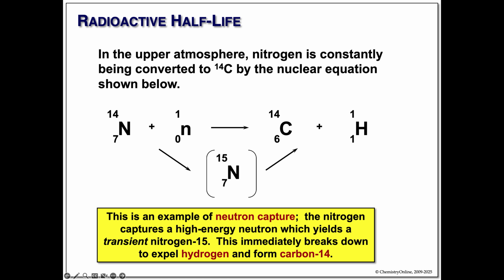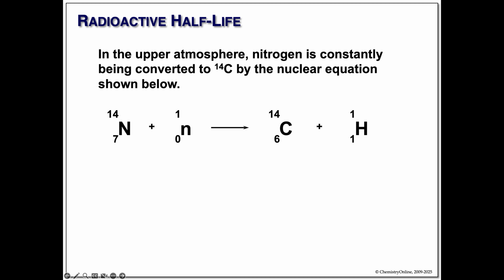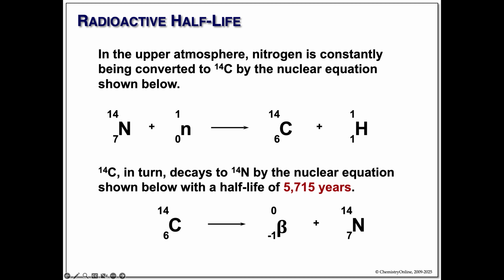Carbon-14, we saw, had a half-life of roughly 5,700 years. That makes it very useful for radioactive carbon dating. The way that works, again, 5,700 years, carbon-14 loses a beta and forms nitrogen-14 again. Now, it does this with a half-life, like I said, of 5,700 years.